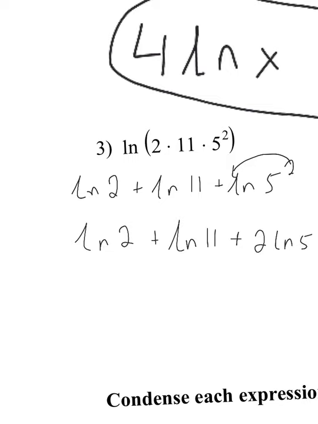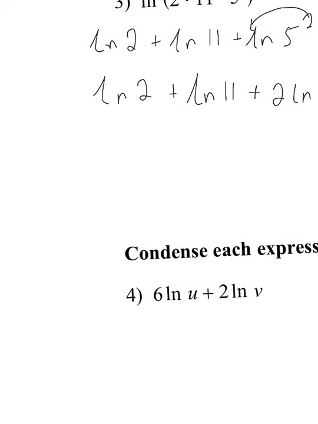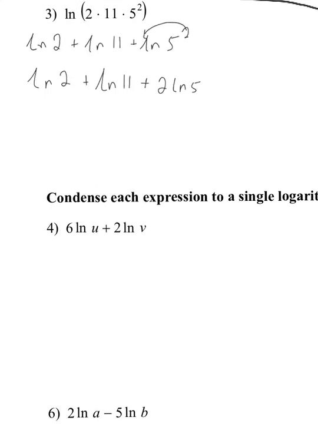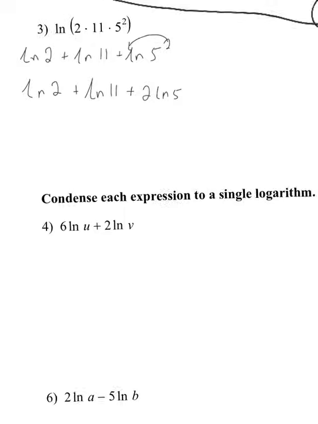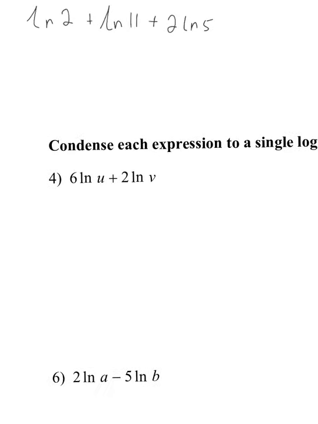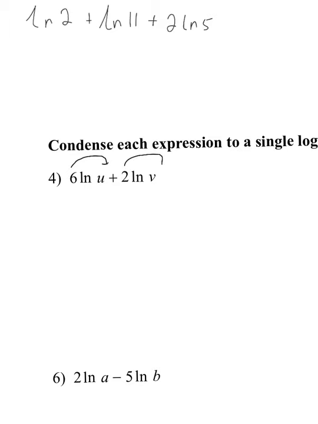Okay, so the 3 examples we did, you were basically expanding. And now in the second half of this video, we will talk about condensing. Condensing means make it smaller, narrower, squeeze it, condense, okay? So in question number 4, addition becomes multiplication. But before we do this, we are working in the opposite direction. And this 6 will go here, I'm talking about the power rule. This 2 will go here.